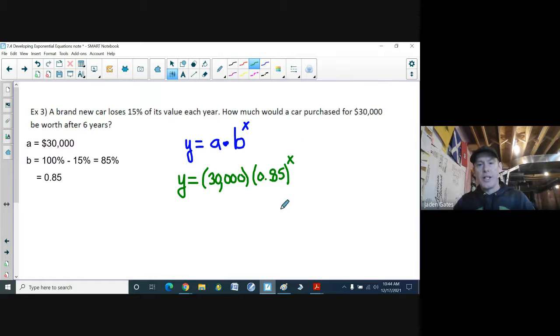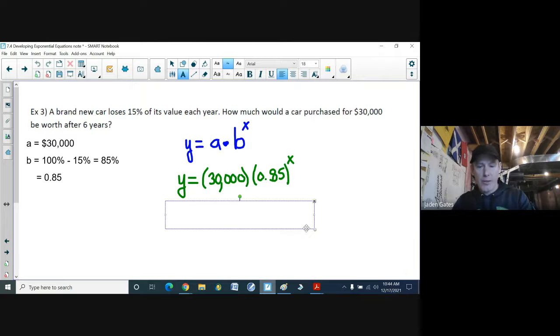Now, what you can see in this situation is this b value is less than 1, which means this is an exponential decay equation, because the car is losing value, not gaining value. Now it asks how much would a car purchased for $30,000 be worth after 6 years? And so our x value is 6 years.